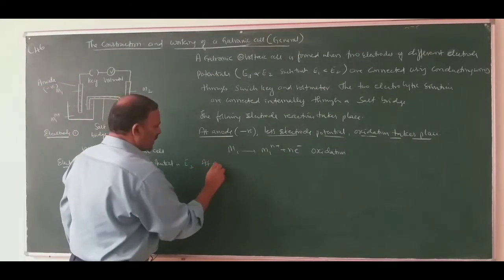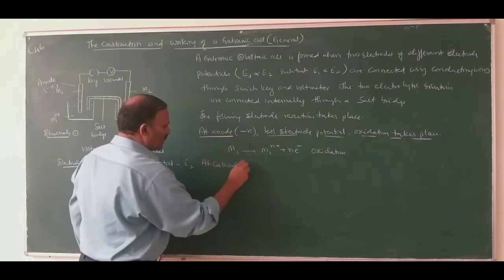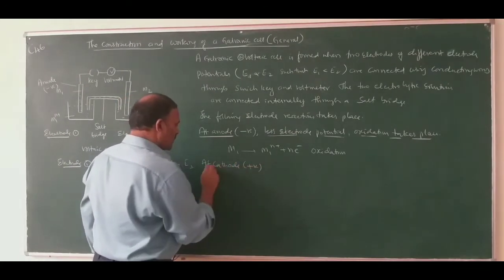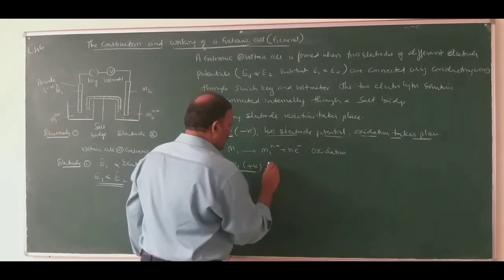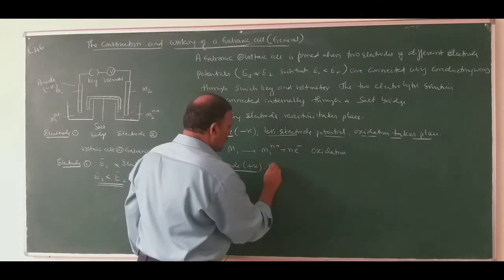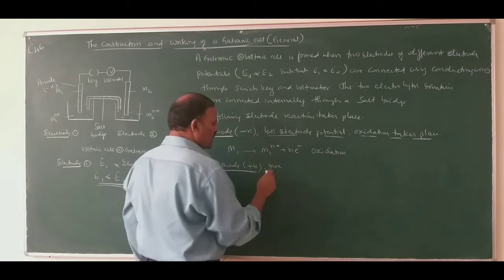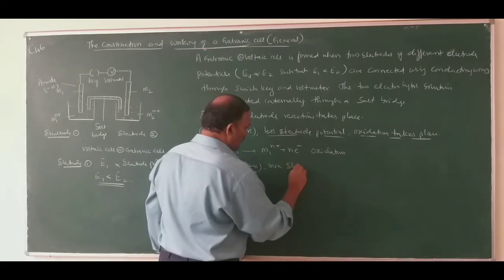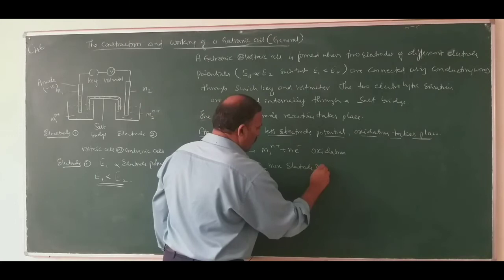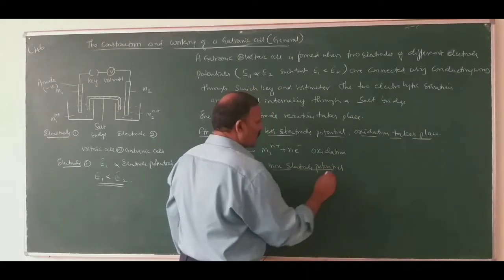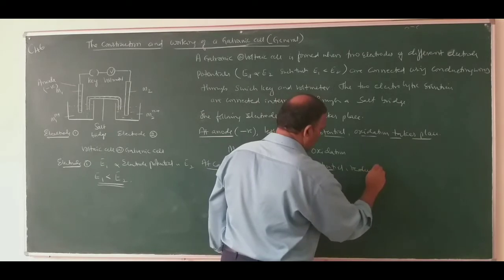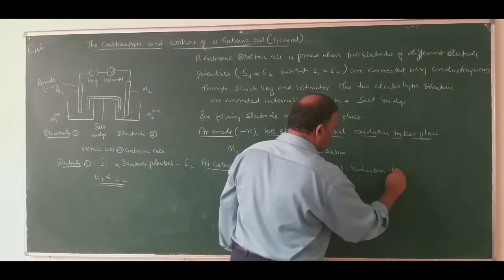So at the cathode, it is positively charged, with a positive sign. The electrode whose electrode potential is more undergoes reduction.